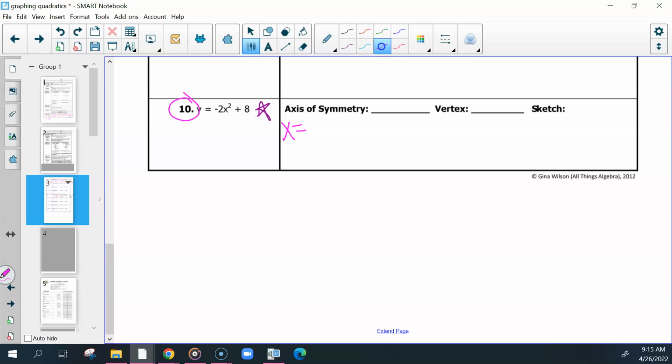Is 8 your b value? If we don't have a b value, this would be 0. I'm going to put still negative 0, so we remember that we have to put the negative in there, but it would just be 0. Not undefined.